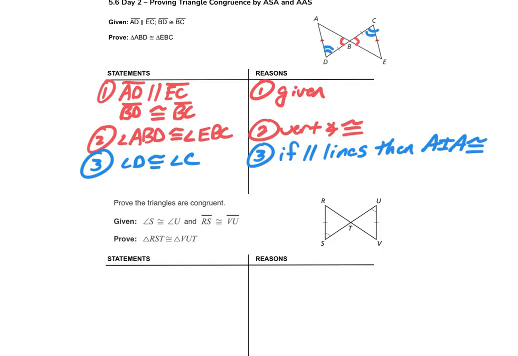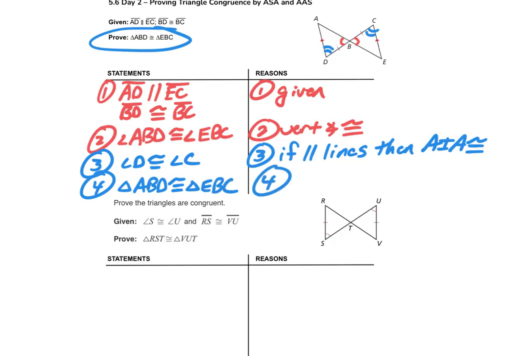What's this? Angle. So what did we just use? Angle, side, angle. Okay? So now what we're going to do is take this statement down here and just rewrite it. Triangle ABD is congruent to triangle EBC by angle, side, angle. And that's my proof.